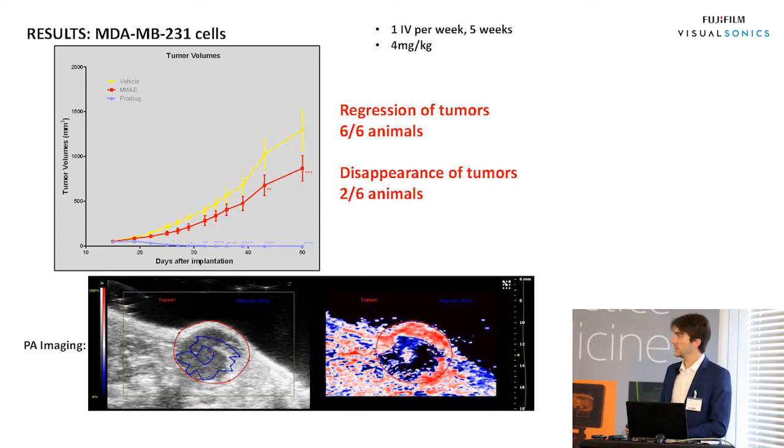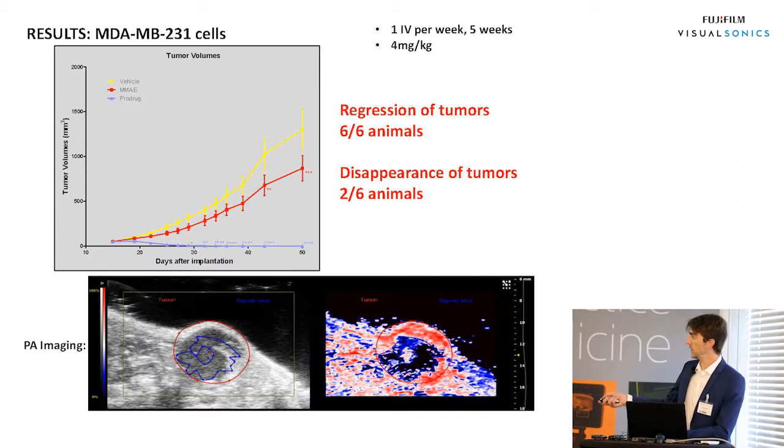For the breast cancer model, we used 1 IV per week during 5 weeks at 4 milligrams per kilogram, and we also observed a decrease in tumor volumes measured by 3D ultrasound as compared to the free MMAE and the vehicle group.